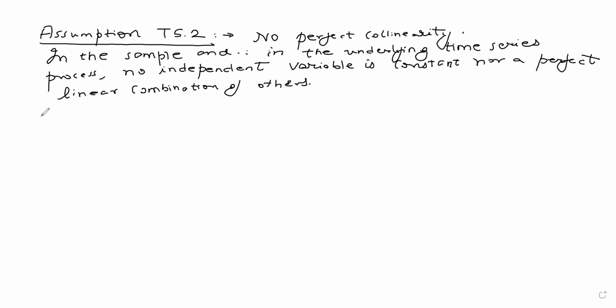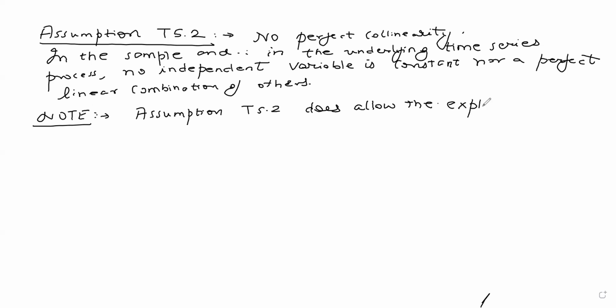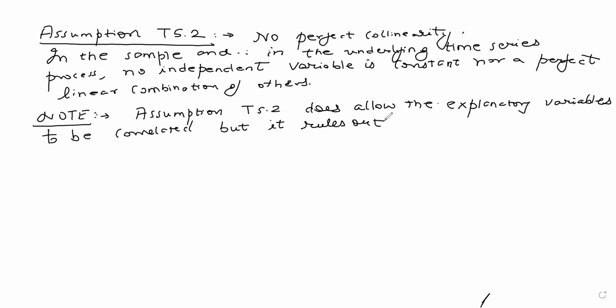So I can further write a note. I can write a note that assumption TS2, assumption time series 2, does allow the explanatory variables to be correlated, but it rules out perfect correlation in the sample.